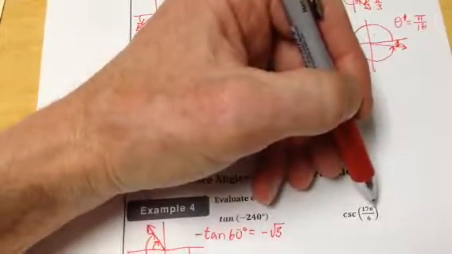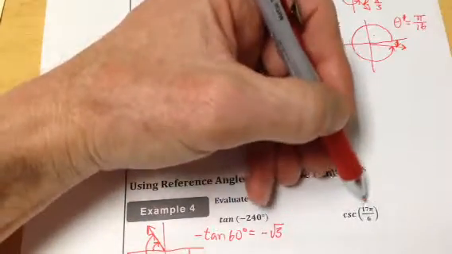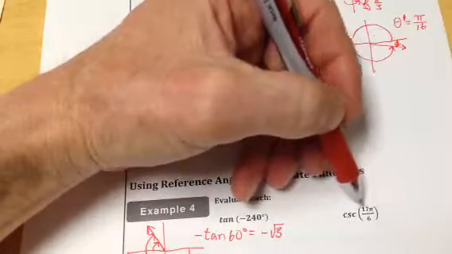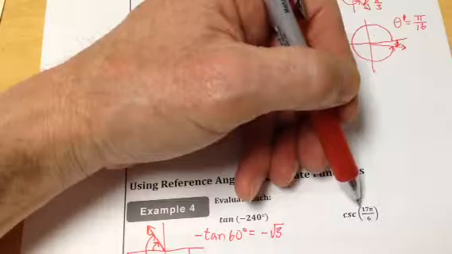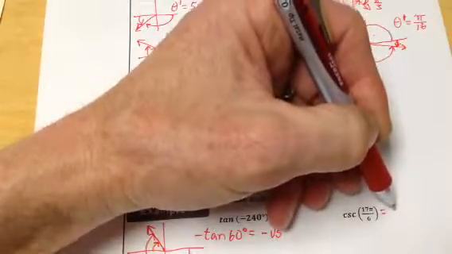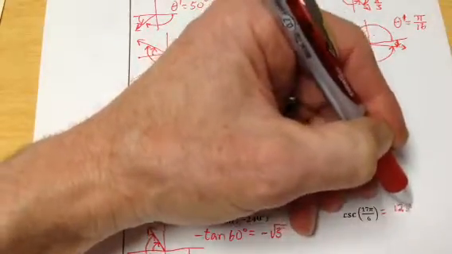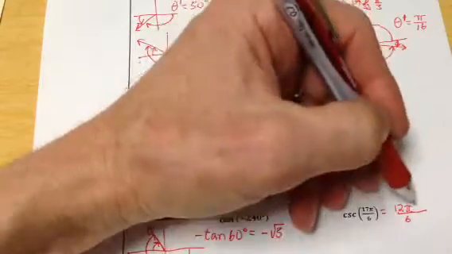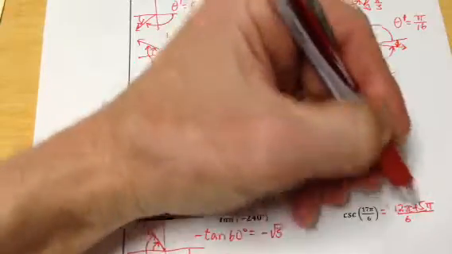On this one, 17 pi over 6, that's more than one turn around the circle, because 2 pi over 6 would be the same as 12 pi over 6. So 17 pi over 6 is the same thing as 12 pi over 6, which is 2 pi, and 5 pi over 6.